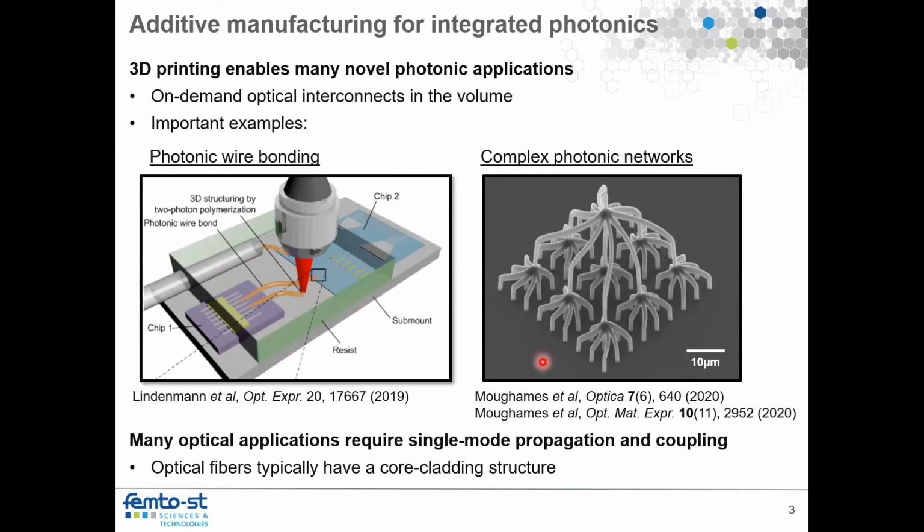For us it is also more interesting to generate these complex structures in the volume. Daniel already explained, and we have already published a couple of papers on that, and we are increasing our momentum in this direction. What I will explain here is how we face the printing of structures that propagate single modes inside.